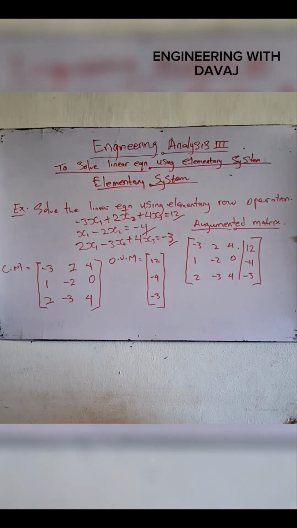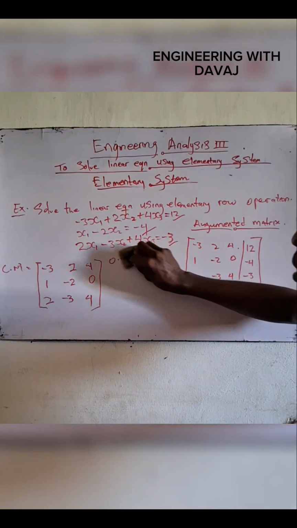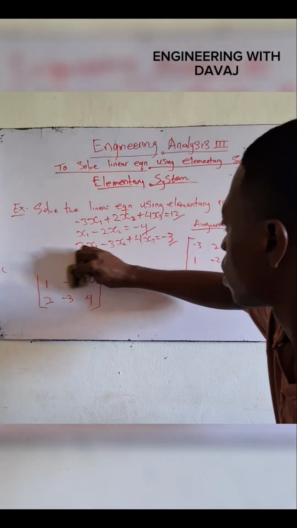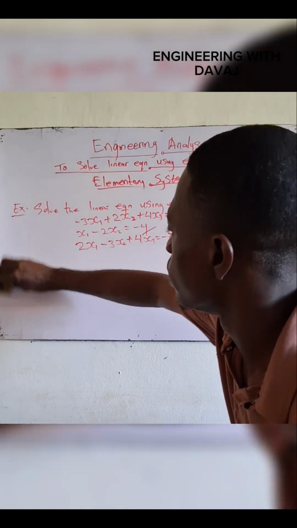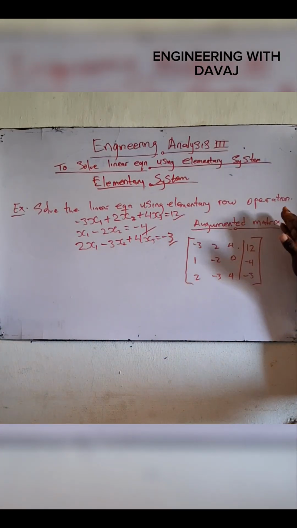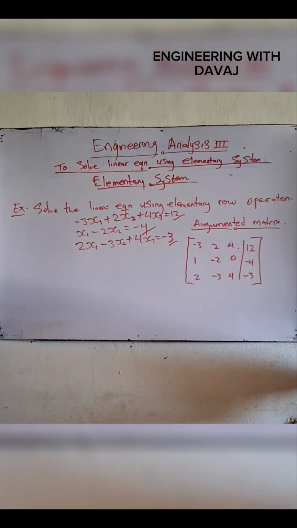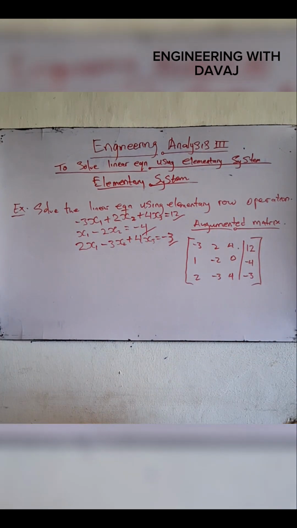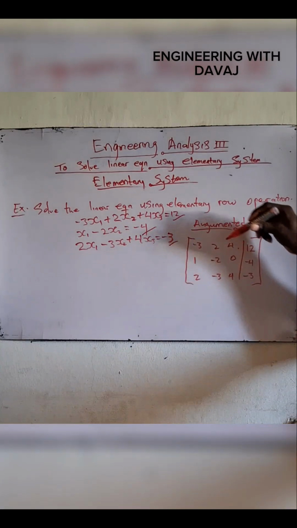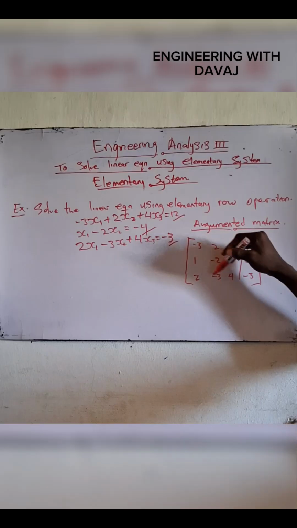And after that, what is the next step? The next step is to make my augmented matrix an upper triangular matrix. To make the augmented matrix turn to an upper triangular matrix, we have to turn the lower part of the matrix to 0, 0, 0.